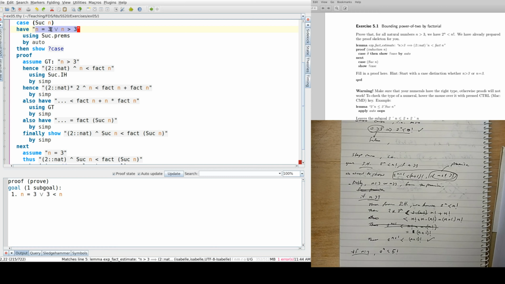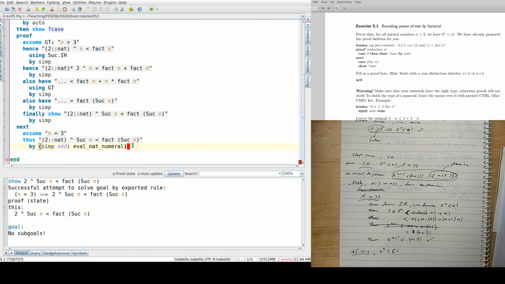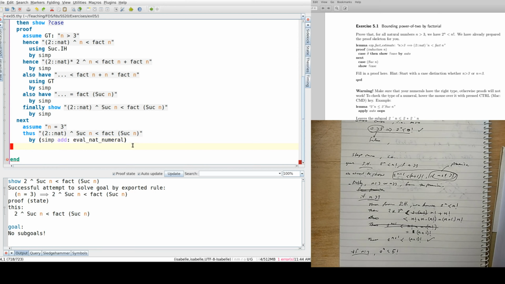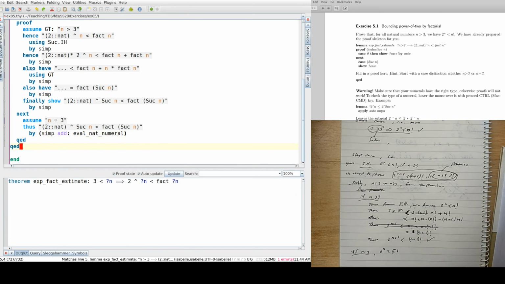So here it's either equal 3 or strictly greater than 3, and then you say then show whatever you want to show, or then have whatever you want to have, and then if you say proof, it will automatically split the proof in the right way for you. So this is the chain of equations, and this one here shows you how to deal with numerals and transform them to natural numbers. Okay, and then you just do QED and then QED of the lemma, and then you're done with that.